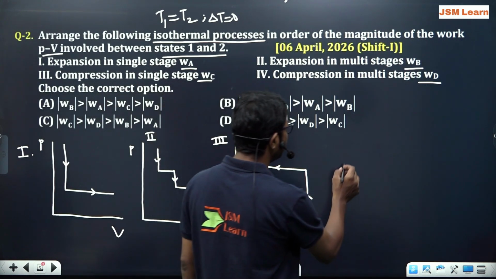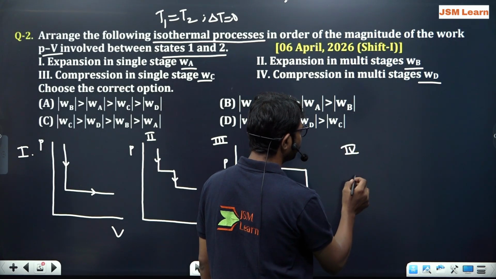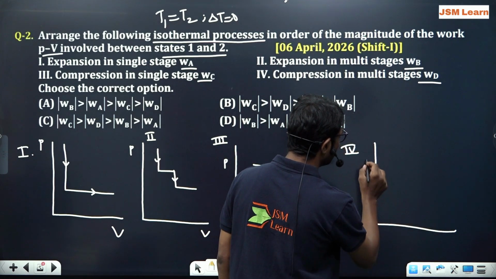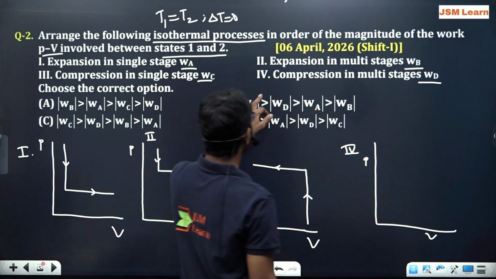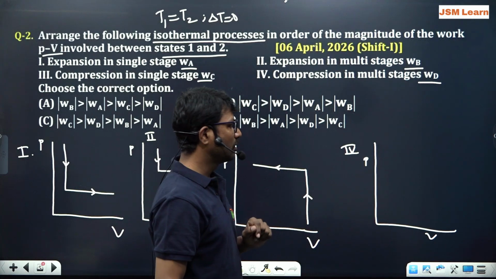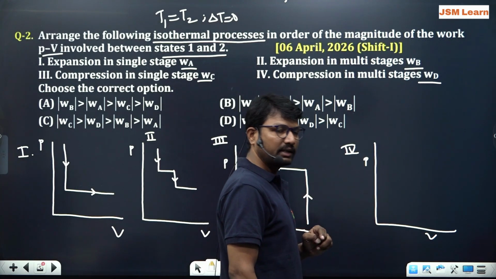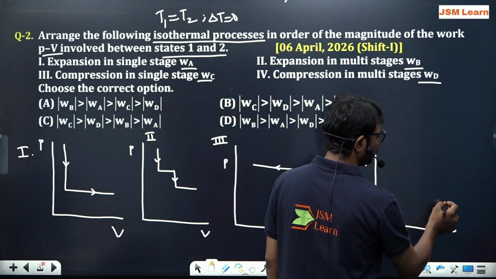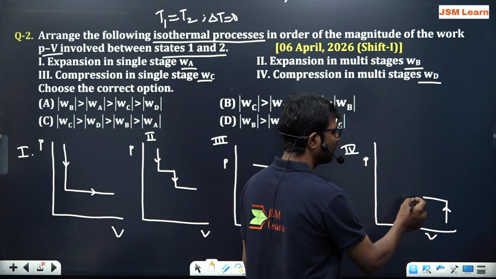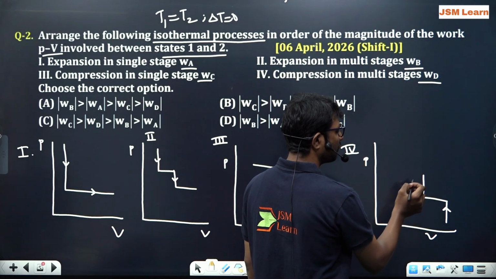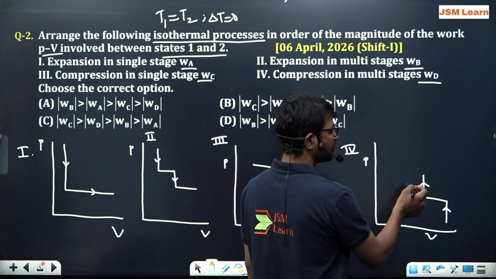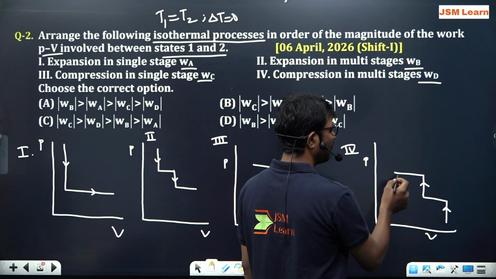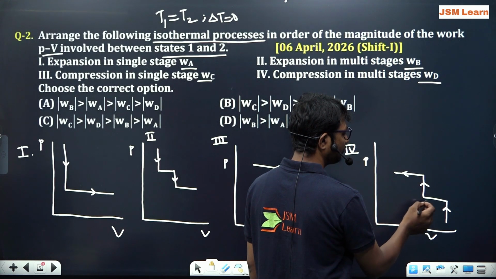Next, the fourth graph is compression in multi-stages. Compression I am taking in 2 steps again. Pressure has increased, as a result volume has decreased. First step completed. Next, second step, pressure has increased, as a result volume has decreased.